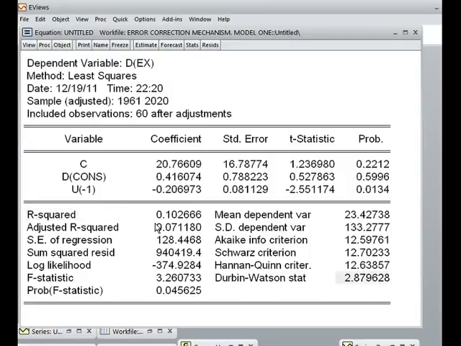But here you can see the R square value is smaller than the Durbin-Watson statistics, meaning that our error correction model is not a spurious model, or our error correction model is not a nonsense model. We can accept the model. All right.